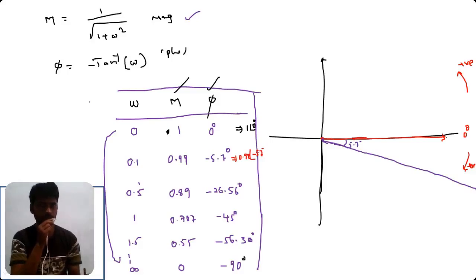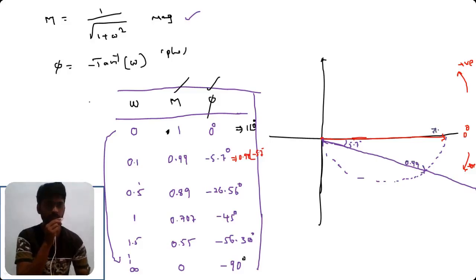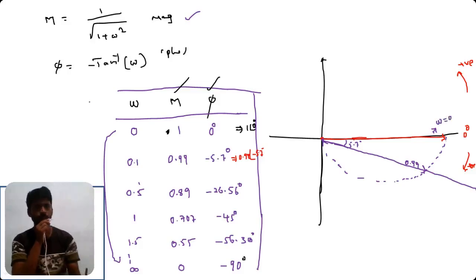This red line is what we got for omega equals 0, and this blue line we got for omega equals 0.1 radian per second.